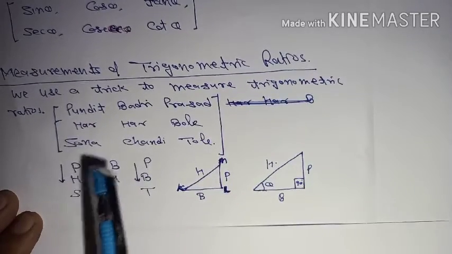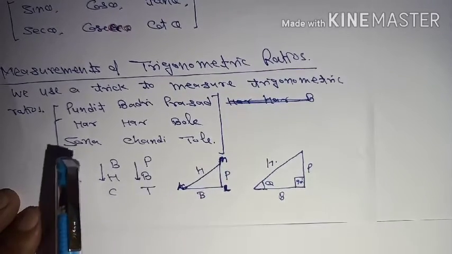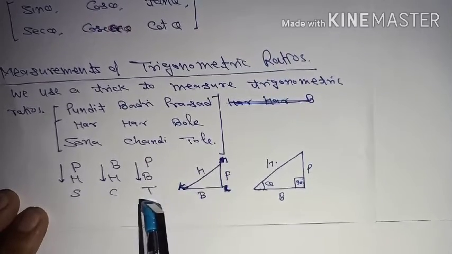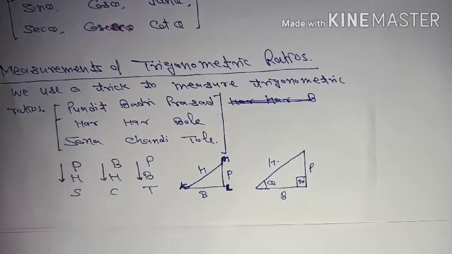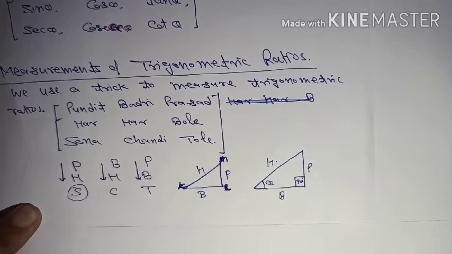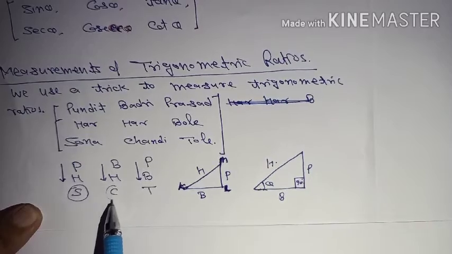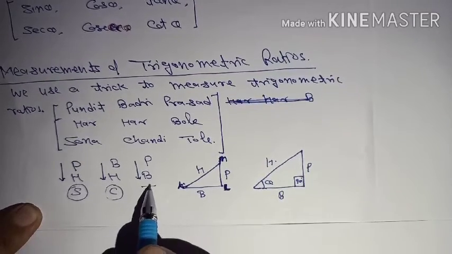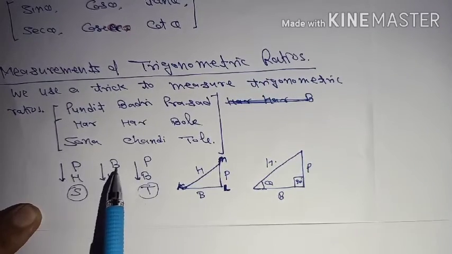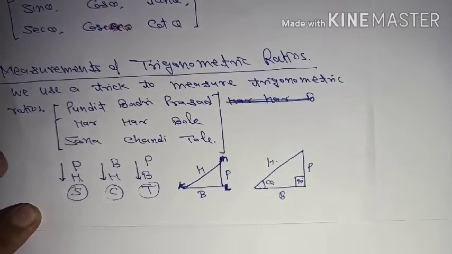Har for H, har for H, bole, capital letter B, sona S, chandi, first letter C, tole, T. So here S stands for sine theta, C stands for cos theta, T stands for tan theta. P for perpendicular, B for base, and H for hypotenuse.